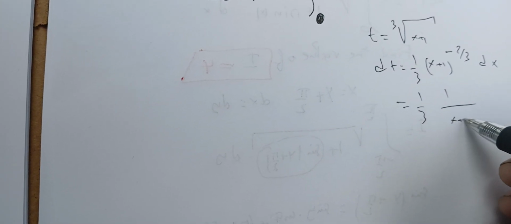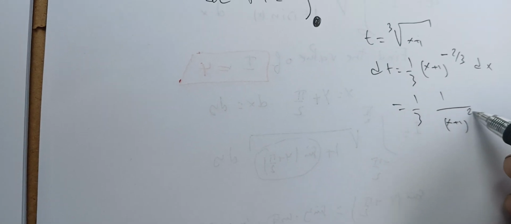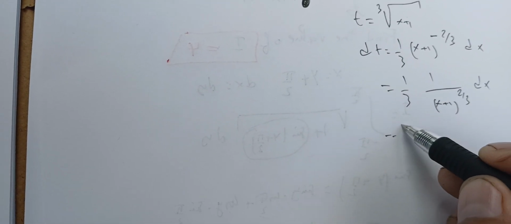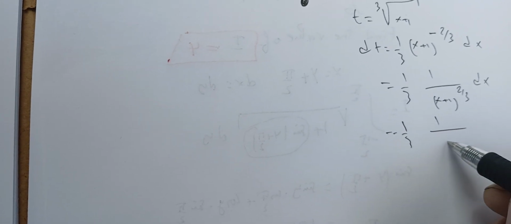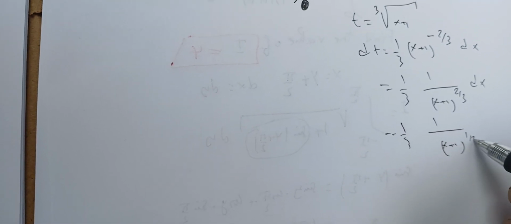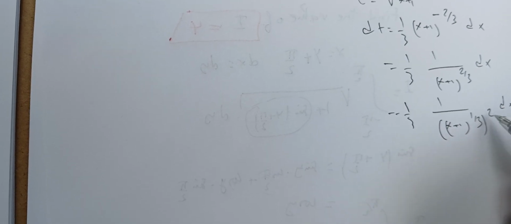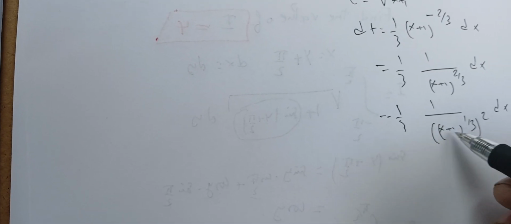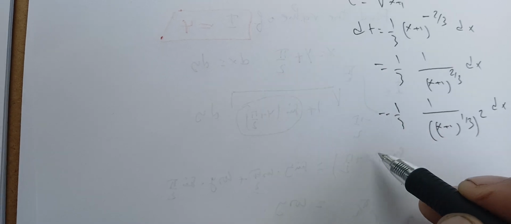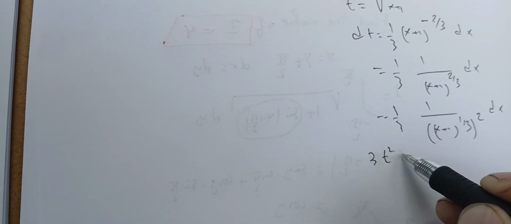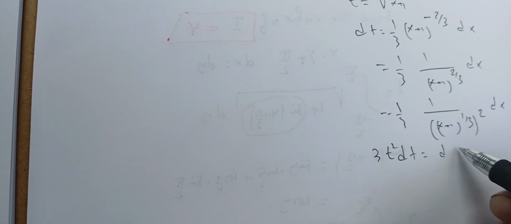We have (x plus 1) raised to the power 2 over 3 dx, and we can write this as 1 over 3, 1 over the cube root of (x plus 1), to the power 2 dx. When we do so, we see that we have t squared here. Therefore, dx is going to be 3t squared dt. That's dx.